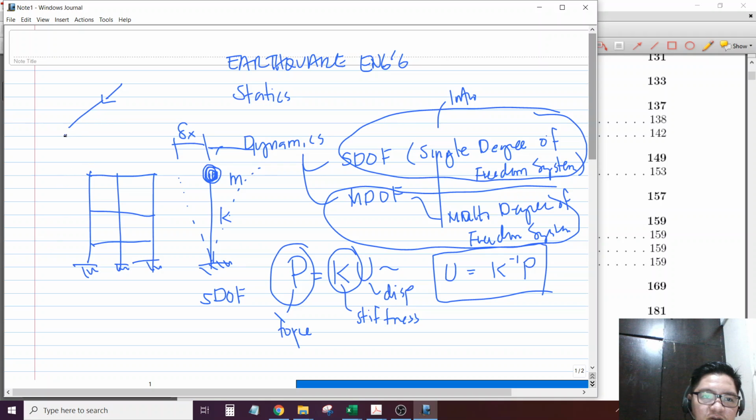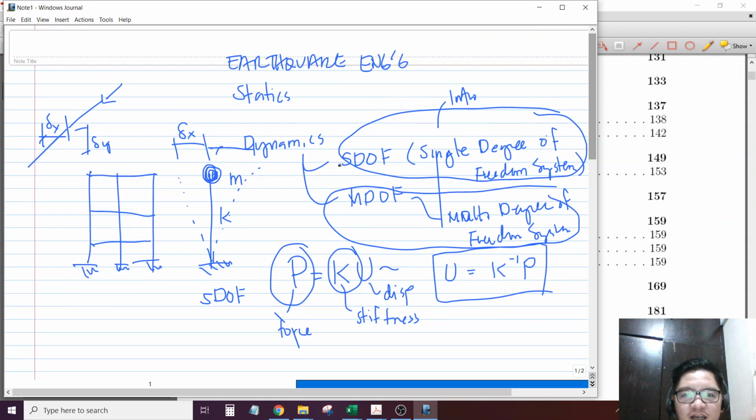With that assumption, you only have 2 degrees of freedom, delta x and delta y, at that joint. That's why the size of the stiffness matrix K is 4 by 4: two at this end and two at the other end, so that's 4. That's just one member.